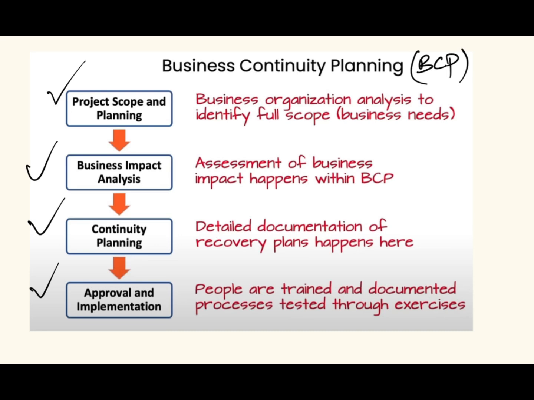So if we wrap up what we have discussed: project scope and planning, what do we need to protect? The company looks at everything it does and decides what's most important.